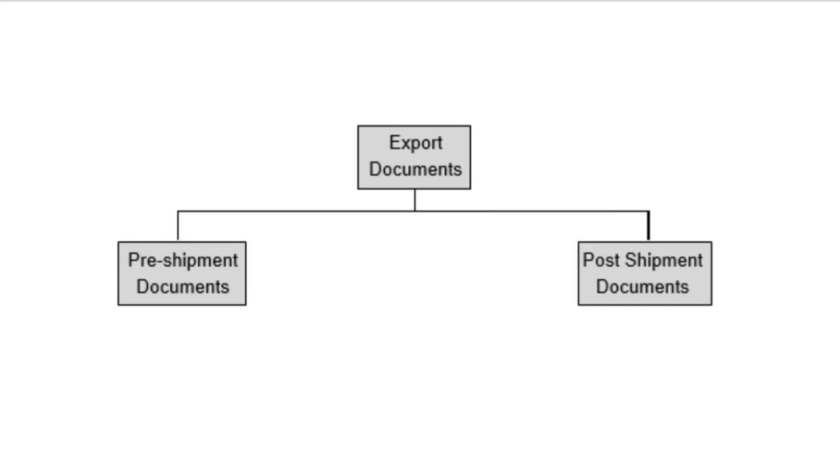This document needs to be submitted in the bank for foreign inward remittance, means the payment against the shipment. So we need to submit this document as per contract in the bank. Then again the document is verified by the bank, okay. Then our country bank sends this document to the foreign bank, means buyer bank, okay.